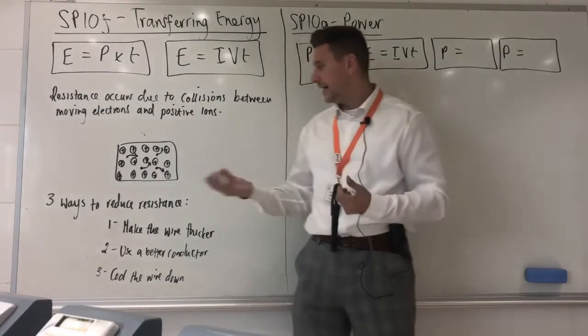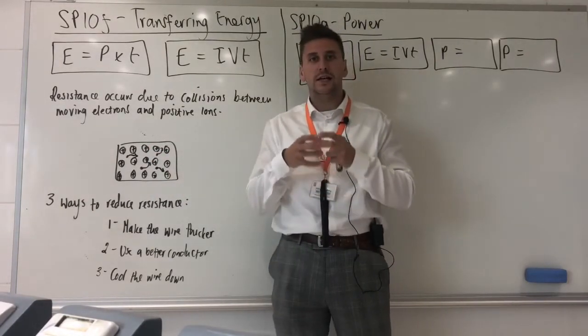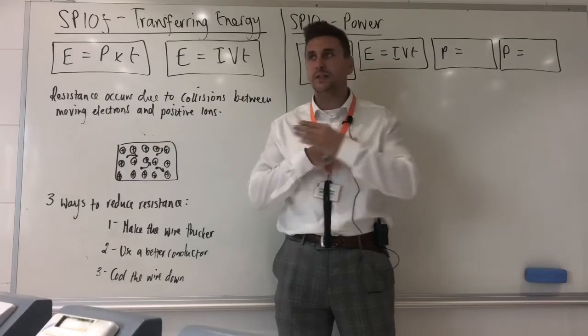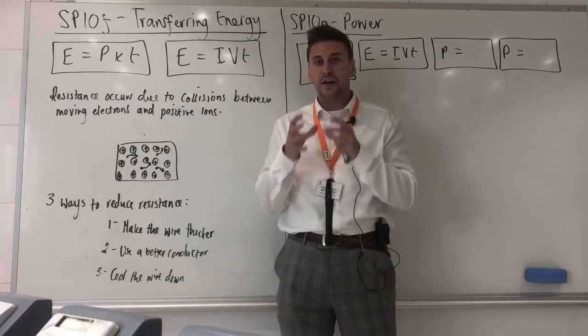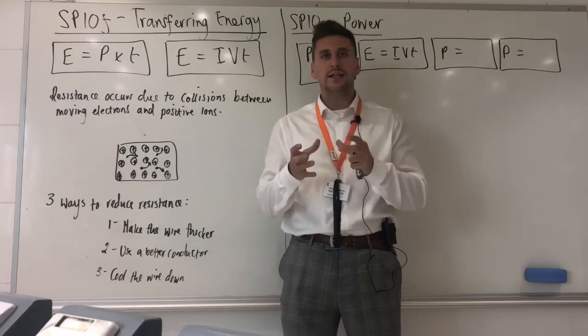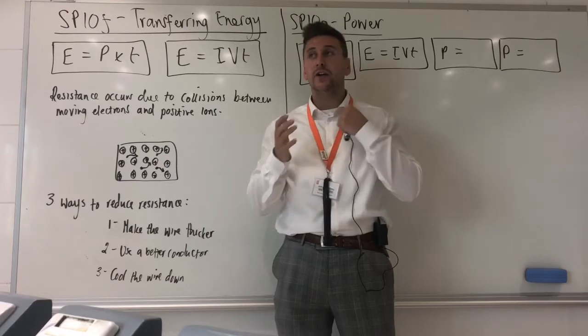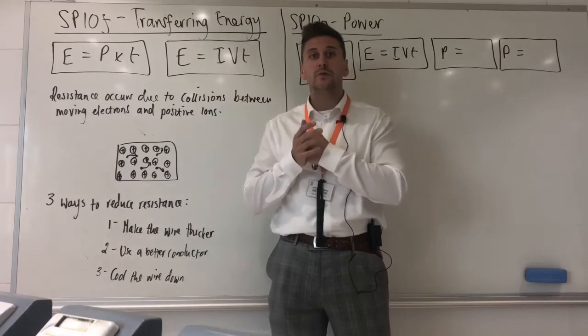And the reason for that is that all these positive ions can do inside a wire is vibrate. They can't move, they can't slide past one another, they can only vibrate in fixed positions. Now, if the temperature of the wire gets a little bit higher, then those vibrations are going to be greater, and they're going to slow down the electrons passing through even more.